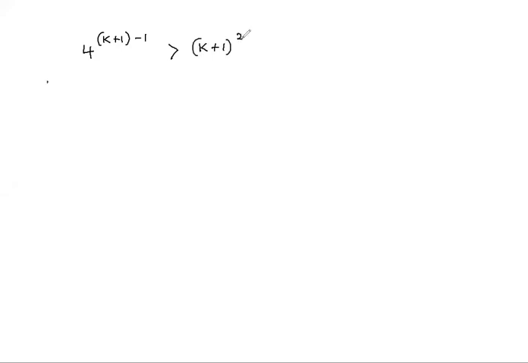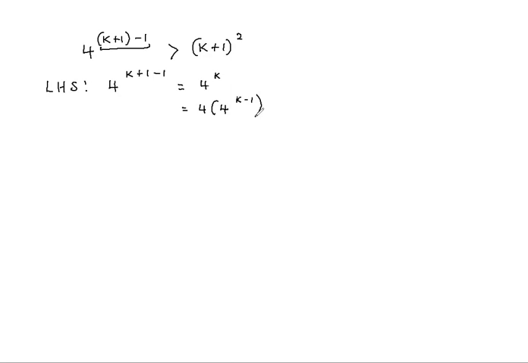So let's pick the left hand side and see. If we expand this, we'll get 4^(k+1-1). And this is just 4^k. So 4^k, if you multiply 4, then you're going to remain with 4^(k-1).